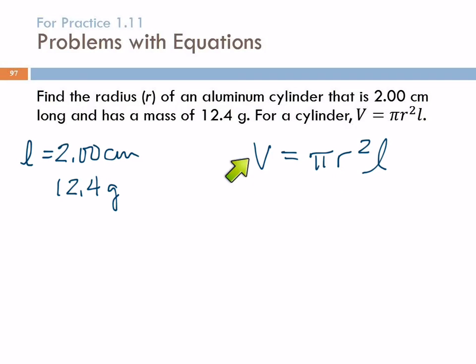They gave us L, but we also need V, volume. And what did they give us? They gave us mass. Did they tell us what the cylinder is made out of? They did. We can look up the density. See, this is where a 1A problem is different than a 3A problem.